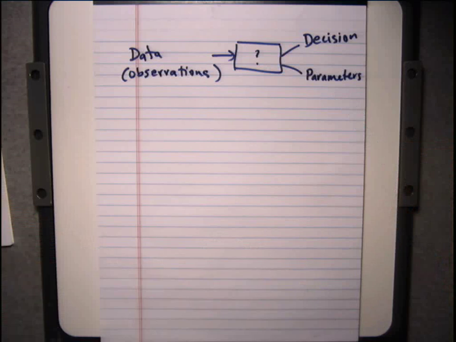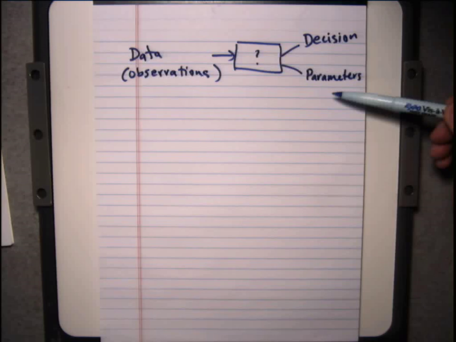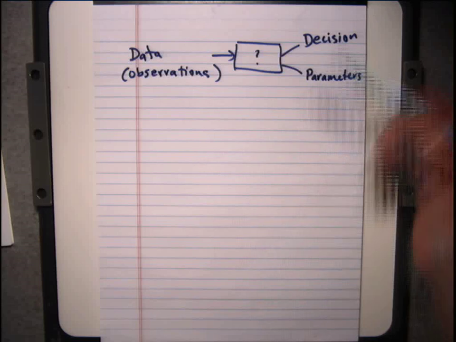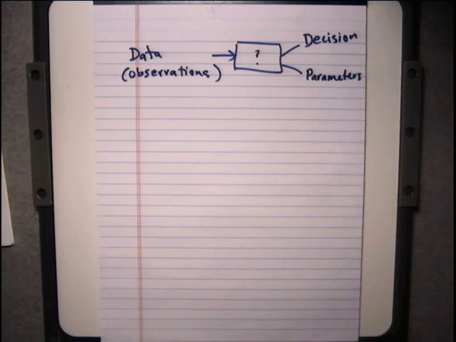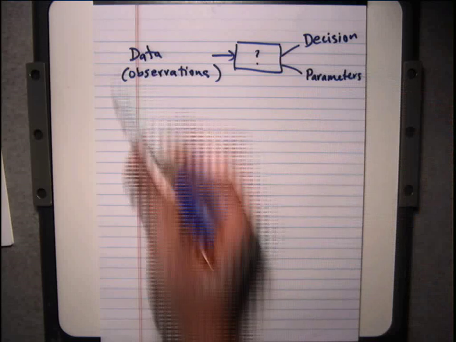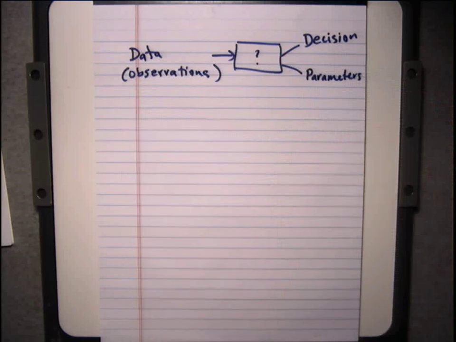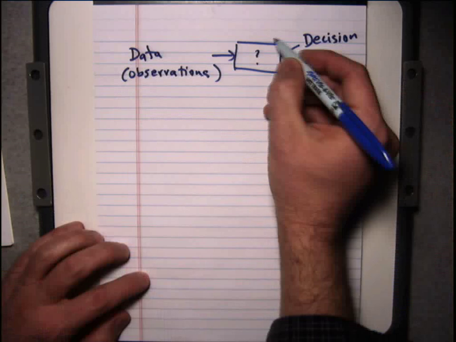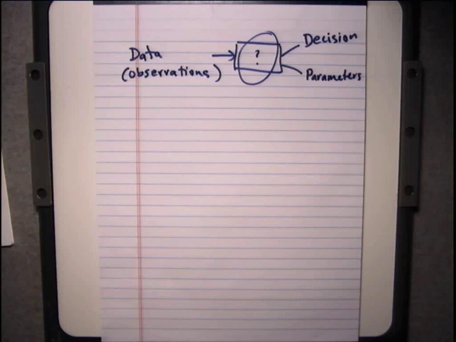Now, there are situations as well where you're making a decision in the presence of unknown parameters. So those become composite decision-making problems, and I'll get into those in just a second. So basically the whole object of this course is to design this box.